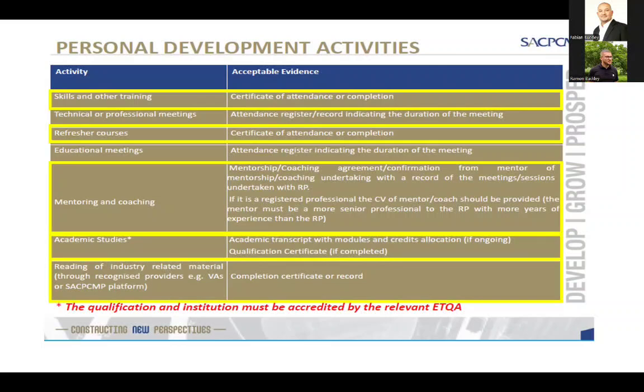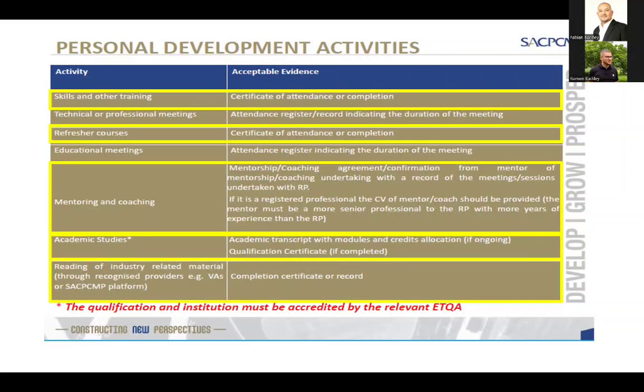If you are busy with the 3-year diploma, your first year's modules that you've completed, you will get your marks and your results. You can take that transcript, you can upload it. They will allocate you credits and points for that year if it's ongoing. If the qualification is completed, then you will upload that certificate as evidence to indicate that you have completed the certification.